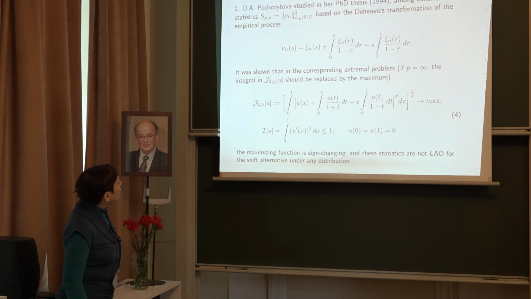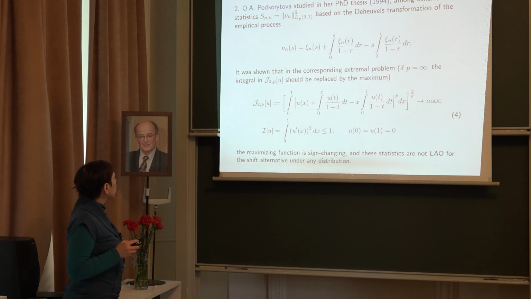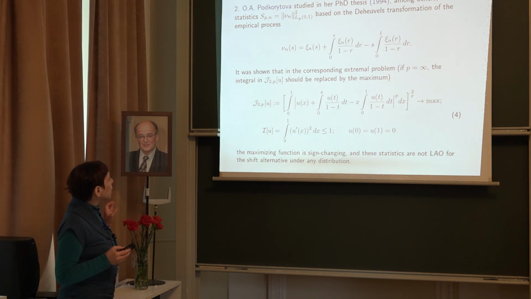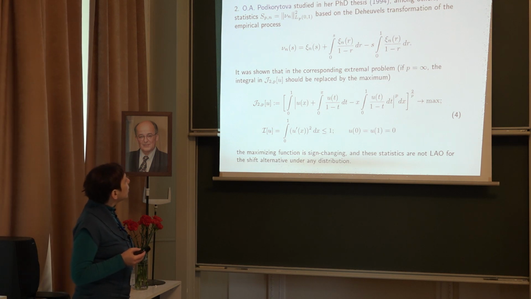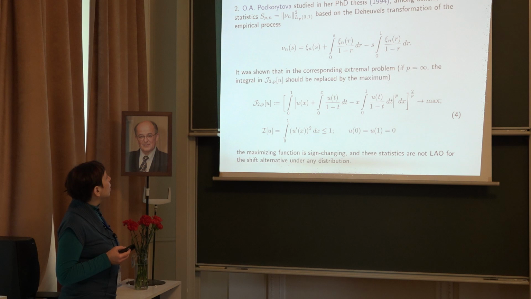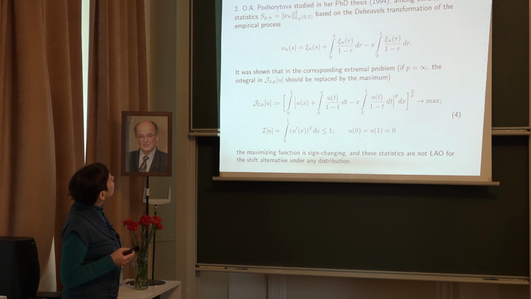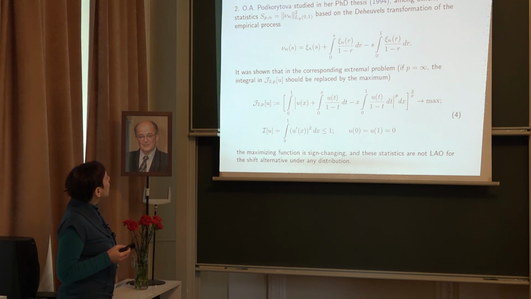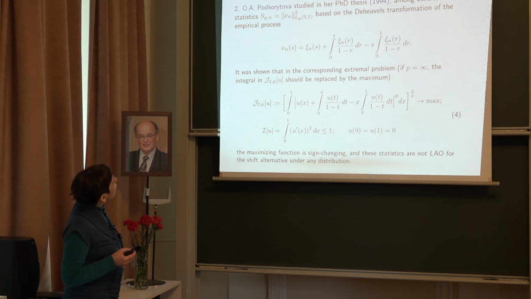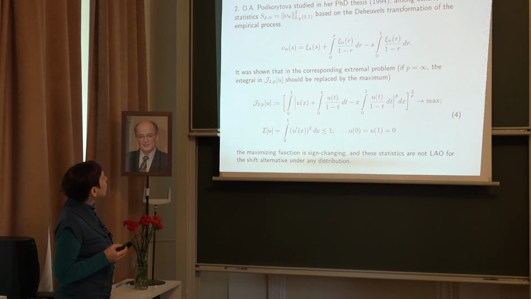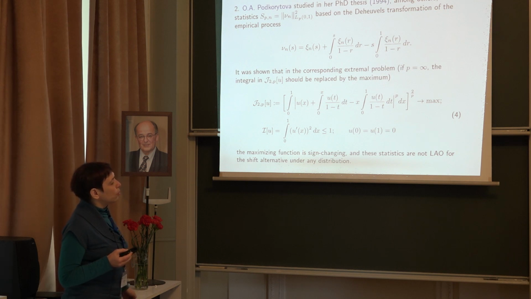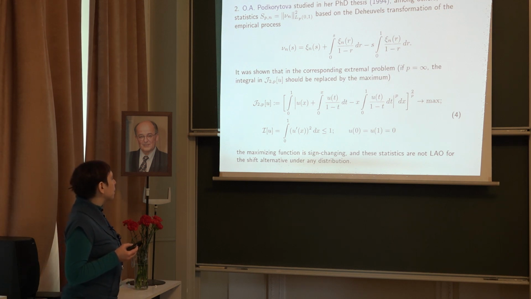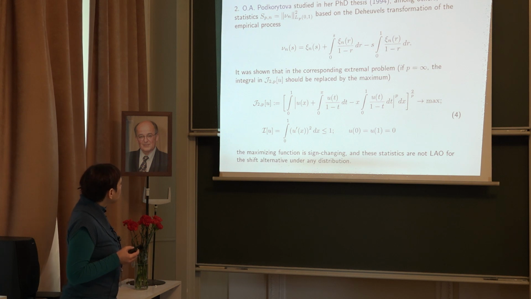And another problem of such a sort, when we can't find a solution having a probabilistic sense, was studied in the PhD thesis of Podkorytova. It was also a statistics based on transformation of the empirical process, and it also led to some variational problem which didn't have any purely positive solution.